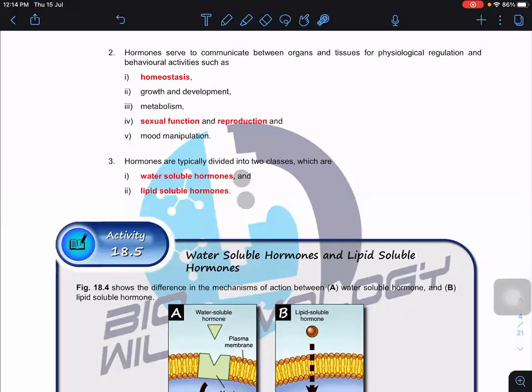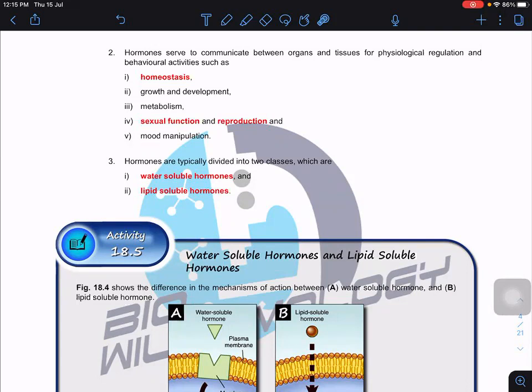Sexual functions and reproduction: the steroid sex hormones, testosterone for male, progesterone and estrogen for female. Hormones are also involved in mood manipulation.